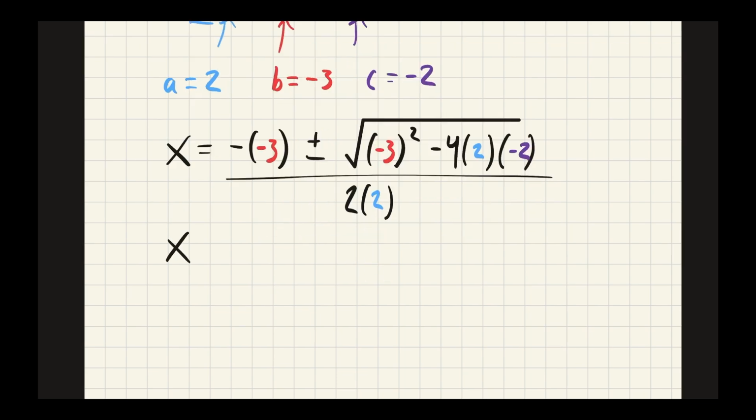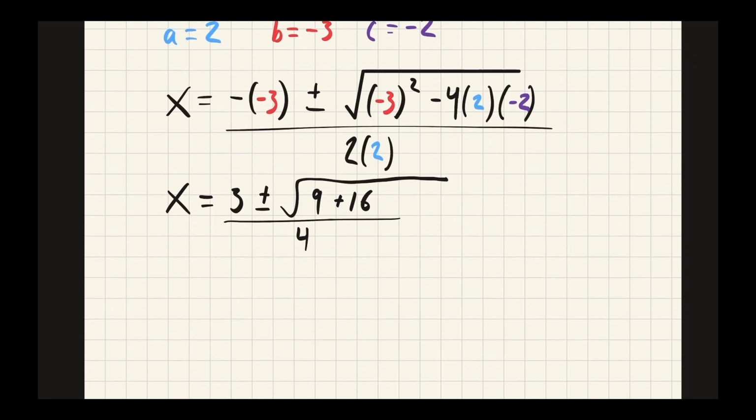Going ahead and solving this further, the negatives cancel, so we get 3 plus or minus the square root of negative 3 squared. Anything squared is positive, so we get 9. Then negative 4 times negative 2 is 8, times 2 is 16, so it's positive: 9 plus 16, all over 2 times 2, which is 4.